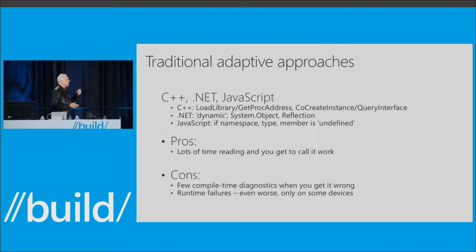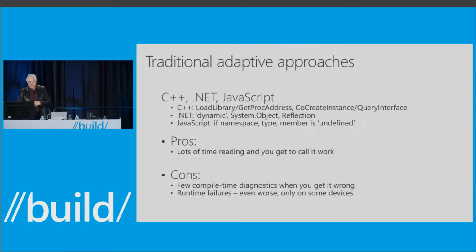JavaScript actually is very naturally a dynamic language and lets you discover if things are there. You can test for namespaces and methods and objects and types, to the extent JavaScript has types, is it undefined or not. So these were the traditional adaptive approaches, different for every language, easier or harder depending on what you were focusing on.